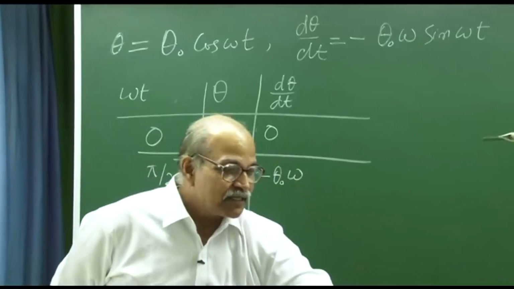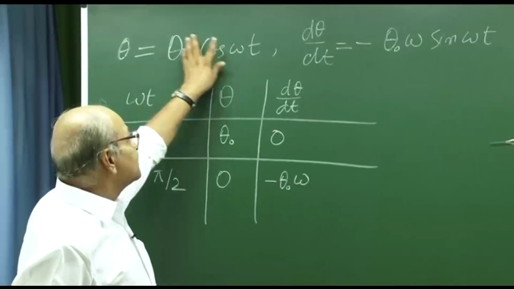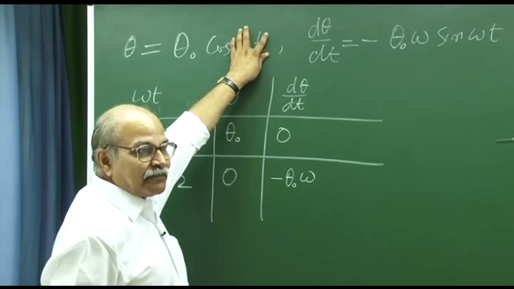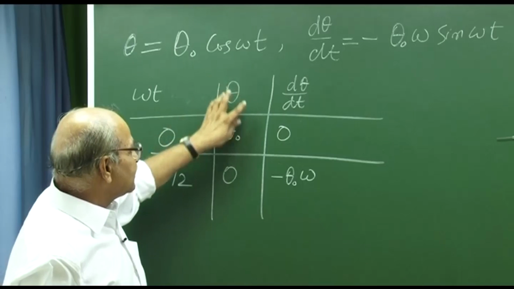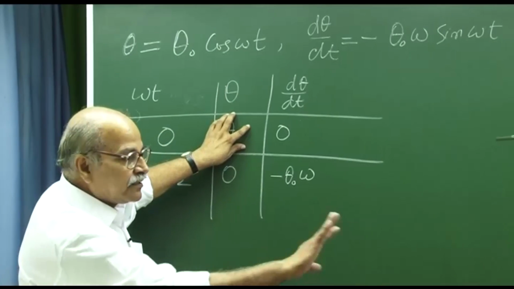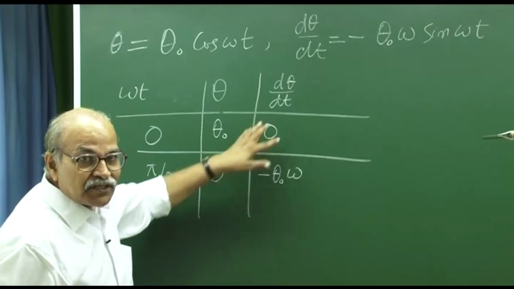If the amplitudes are different, then this theta naught will be different for the two cases, but this omega t remains the same. When omega t is 0, for both the pendulums theta is theta naught, they are at their positive extreme position, the angular velocity is 0 and so on.